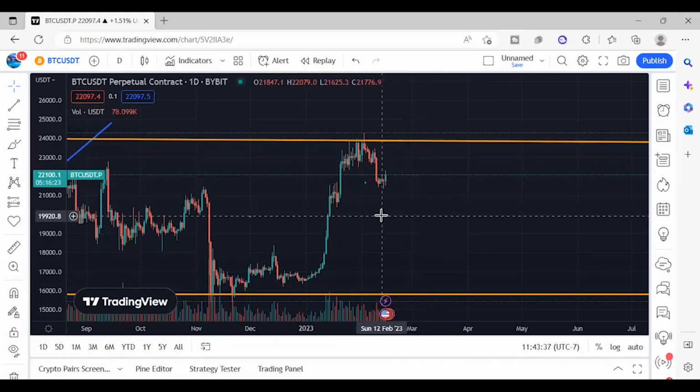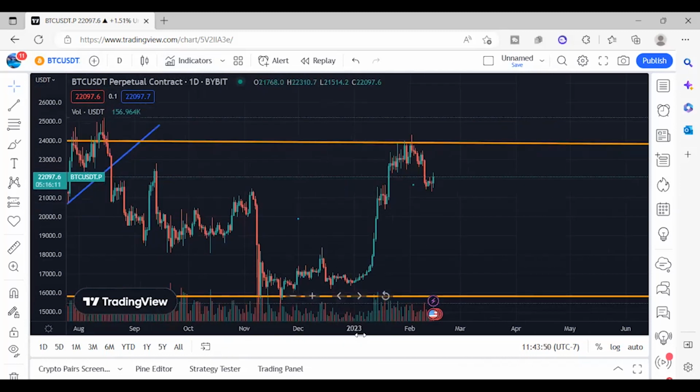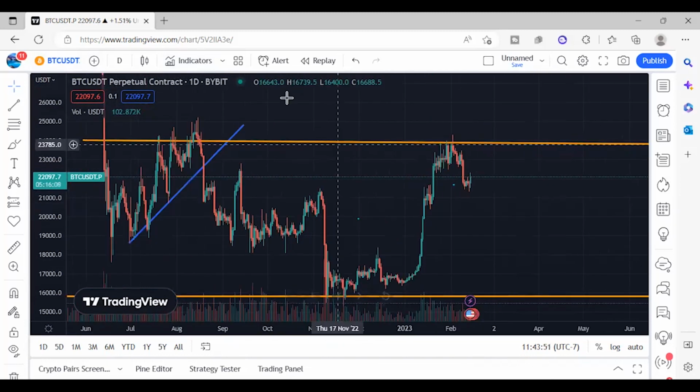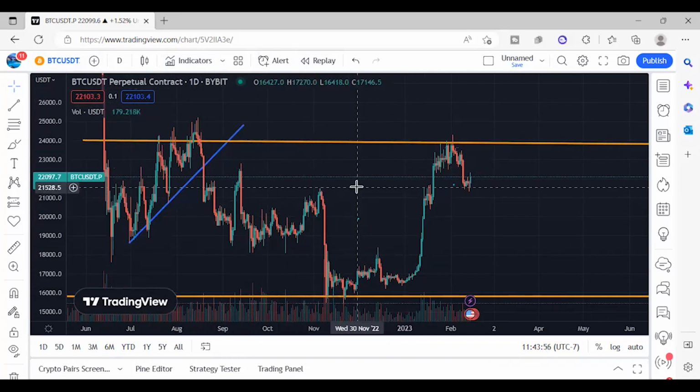Now, the other thing I did not include in this video is indicators. This is another thing that you can use when you're trading, okay? You can apply indicators in your chart to go along with your analysis, to help you confirm your analysis and all that.